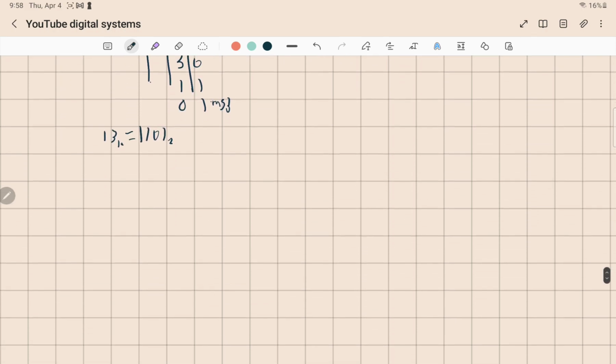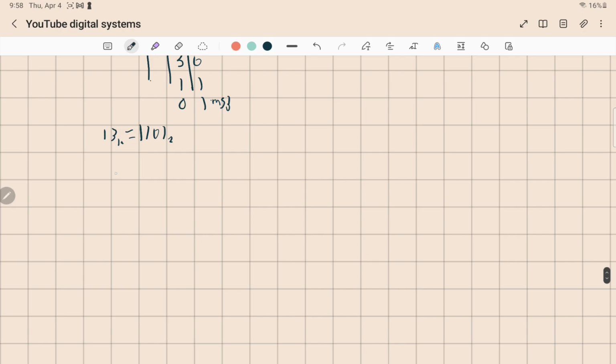Okay, now let's talk about decimals. Let's say we have 1010.101. So we split it into two and we solve first these ones. So this one we know it's 10, but I'll just do the math to show you.